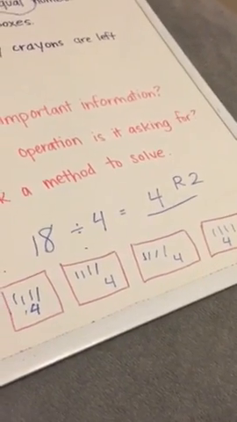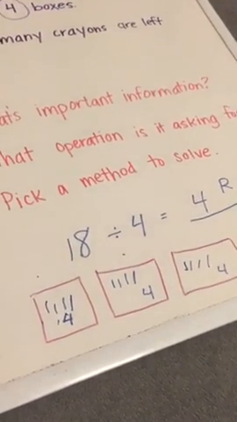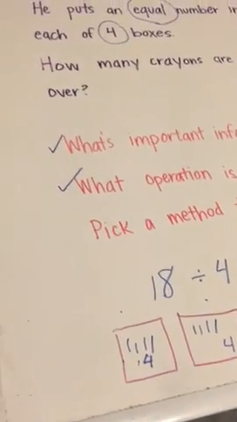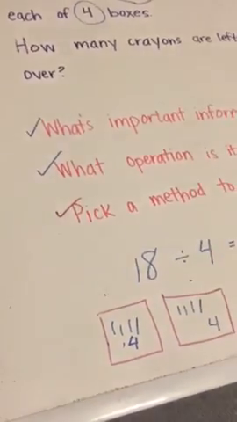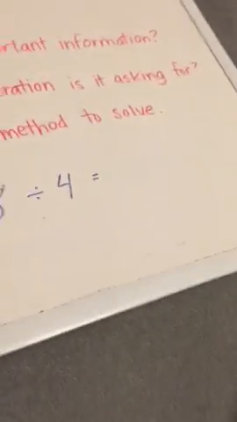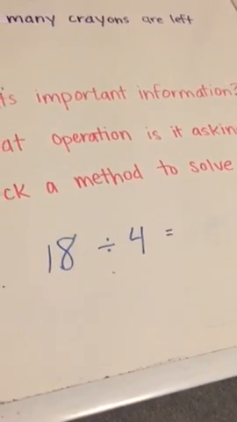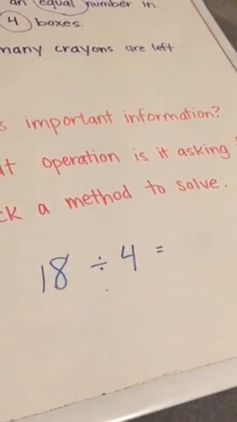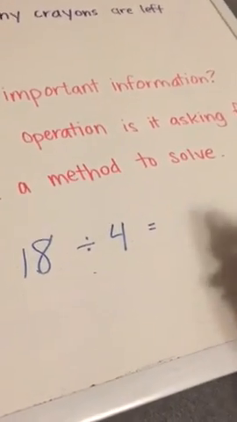Okay. Let me show you a numerical way as well. Okay, there's a couple things. Let's see. I'm going to do a check mark here, and I will erase this method. So there's a couple of ways you can do this. First of all is skip counting, okay?